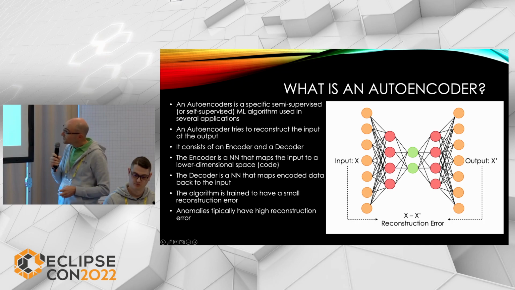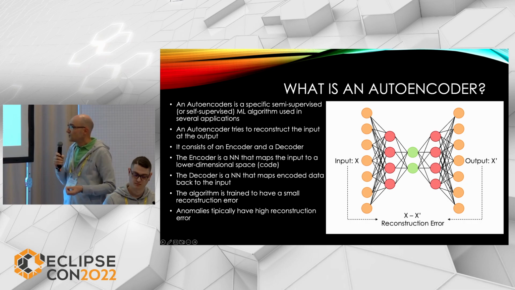So, a few words on autoencoders. What is an autoencoder? An autoencoder is a specific neural network. It can be used for different types of applications, and we try to use it for detecting anomalies.